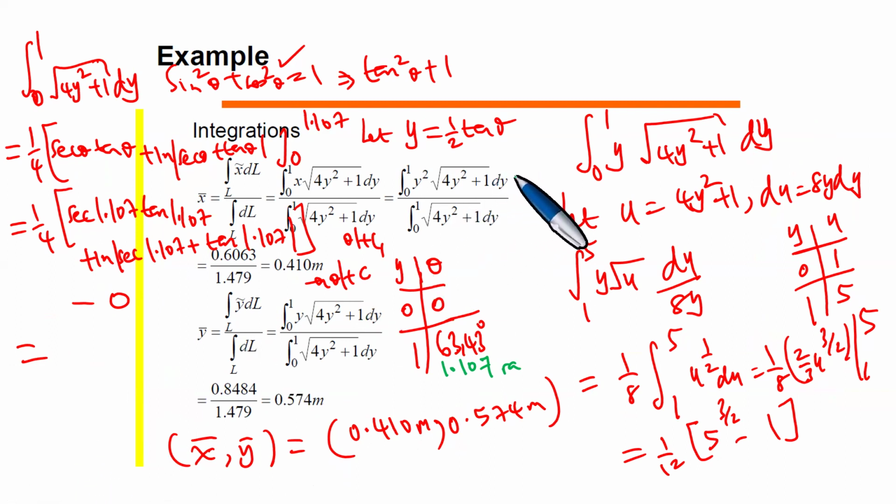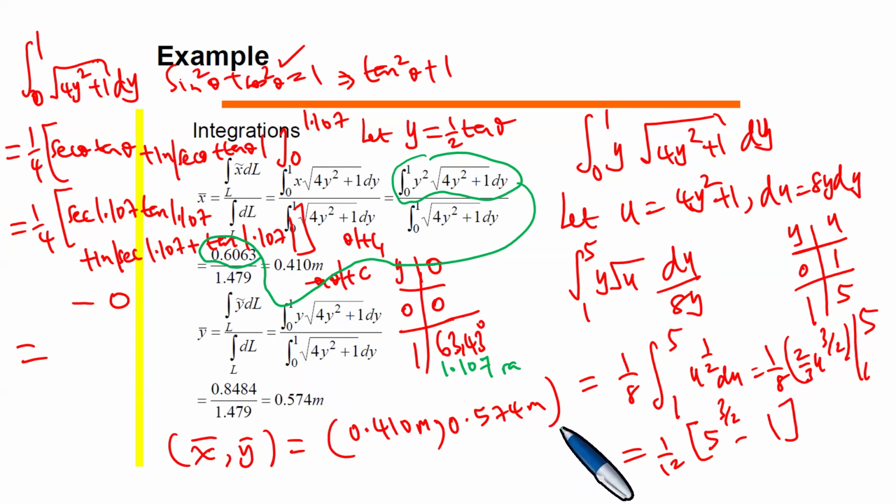You'll have to verify that this one here is actually equal to 0.6063. It might take you the whole day to do this.